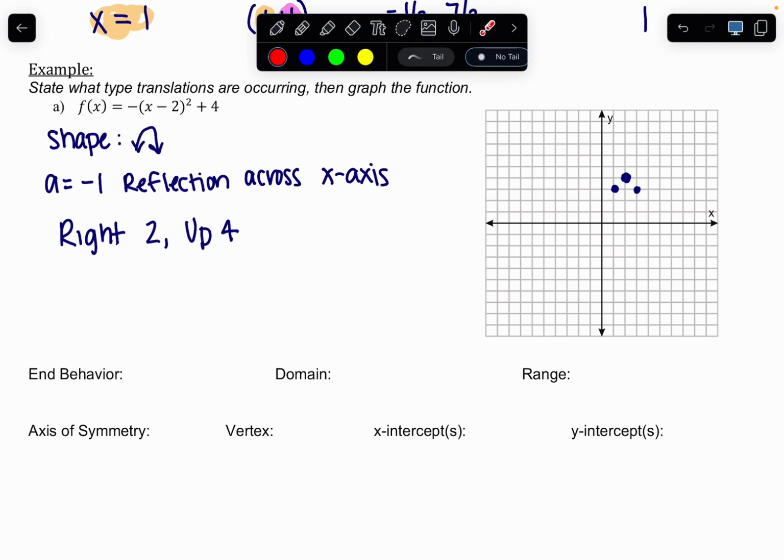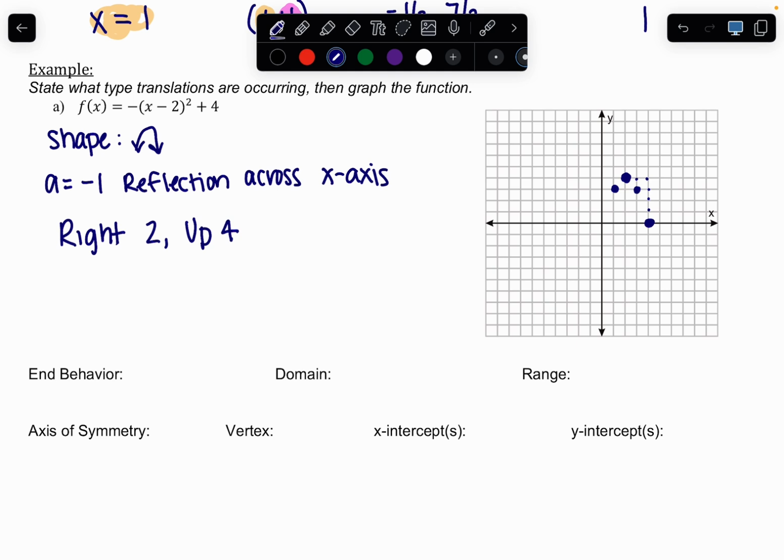But another way you can do is we know that 1 squared is 1. What is 2 squared? 4. So if we go 2 away, we're going to then go 4 down. And we're going down because that a value equaled -1. Okay, so our other point is going to be 2 to the right and then down 4.